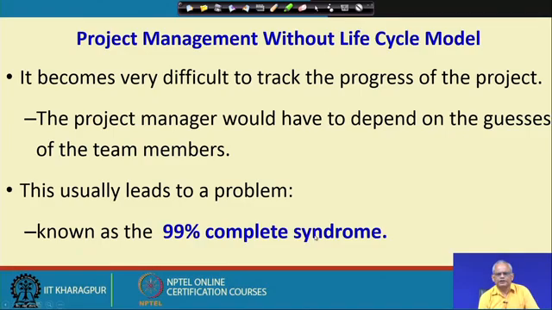The project manager becomes impatient and asks why it is taking time. They give some reason, like some bug, something has to be changed, and so on. So, project management without a life cycle model is very difficult and suffers from the 99% complete syndrome.